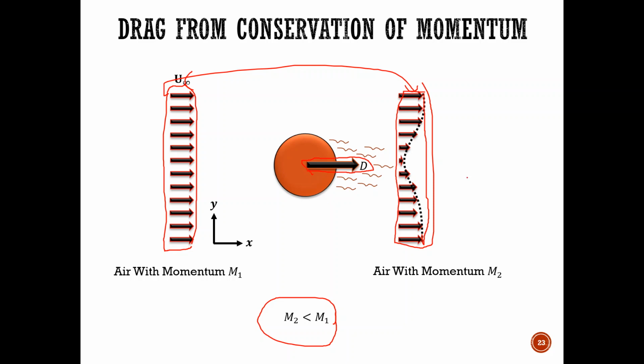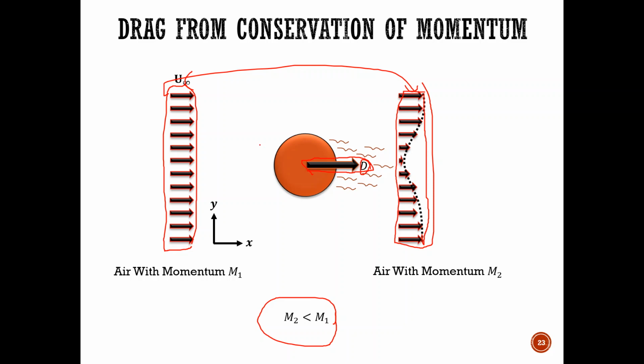I hope you guys understand what I'm trying to say here. So again, there is a change in momentum, and that change in momentum is brought by this object, this cylinder being in the flow, and the force experienced by that cylinder because of the change in momentum is the drag force.